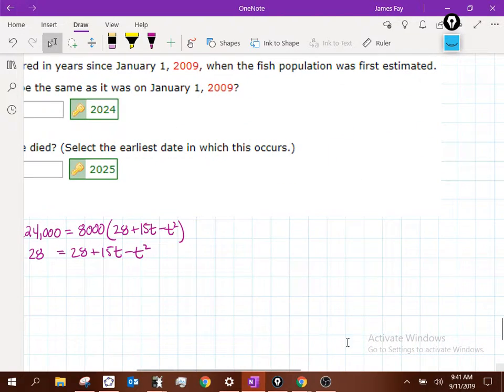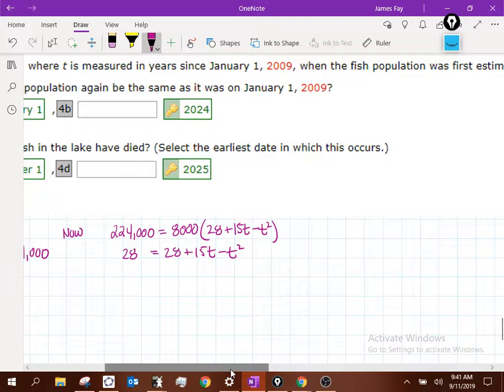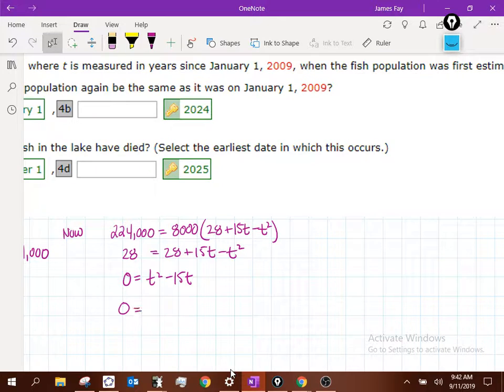Okay, so 28s cancel, leaves me 0 is equal to, I'm going to multiply everything by negative real quick, just so it turns into t squared minus 15t. And now that factors. Has a GCF of t in it.